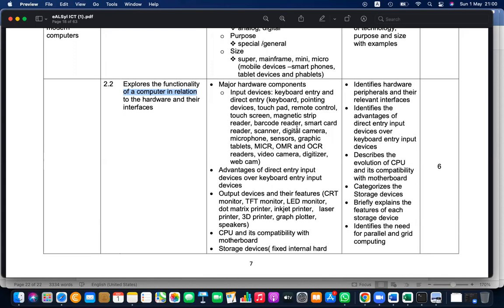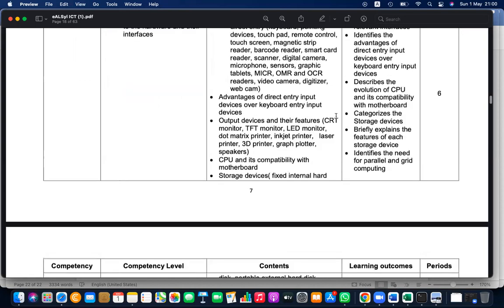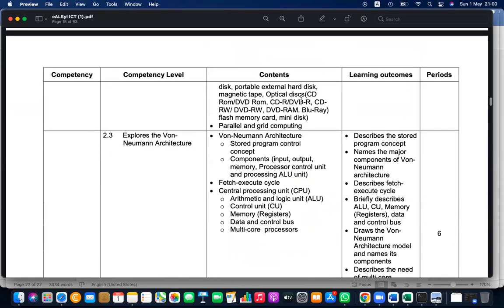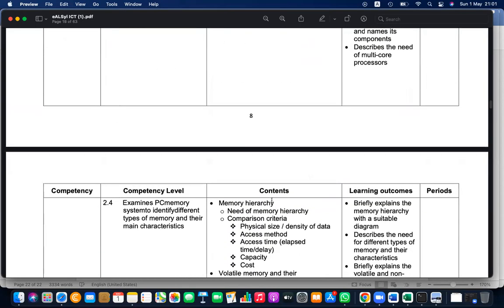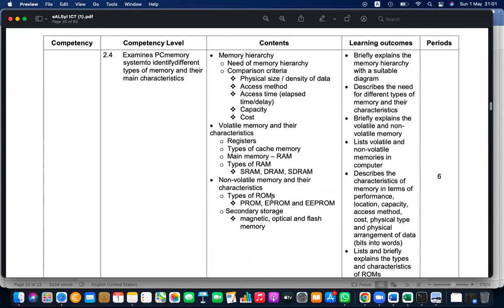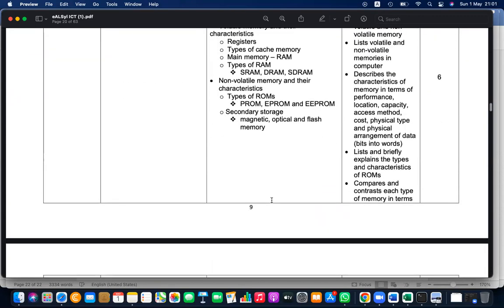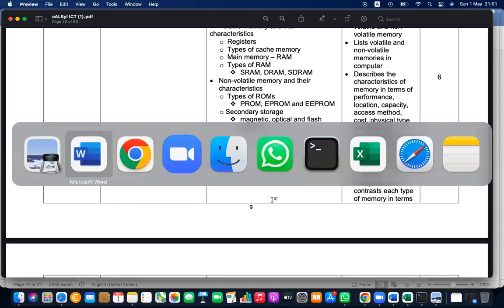So let's learn about the other special input devices next day, and also output devices, and DVD technologies like DVD, R, RW, ROM, R plus, R minus. So what these things are referring to, and also the von Neumann architecture part and the memory hierarchy. This is not difficult, so we can learn that next day.